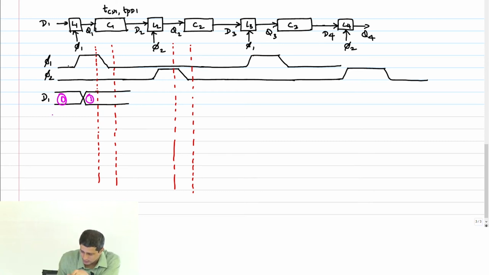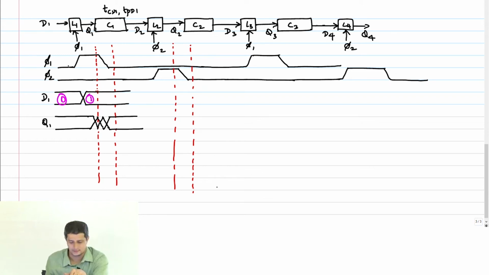Okay. So what will happen to Q1? First of all, what is the delay that will be involved? For latch L1, data has changed after the clock went high. TDQ, right? TCDQ or TPDQ, right? Correct. So this guy will start changing somewhere here, right?